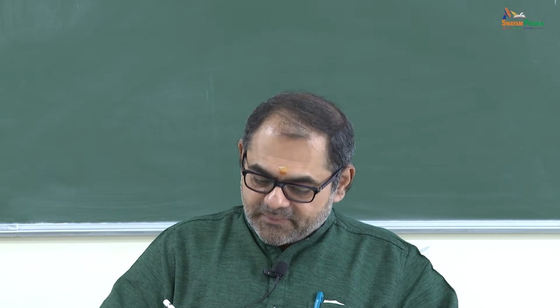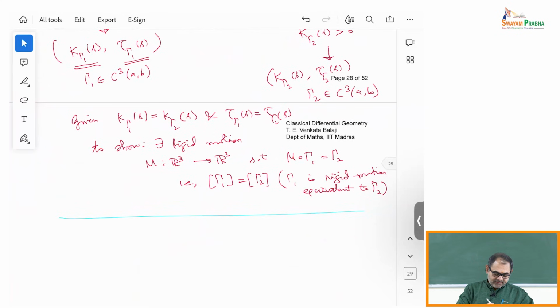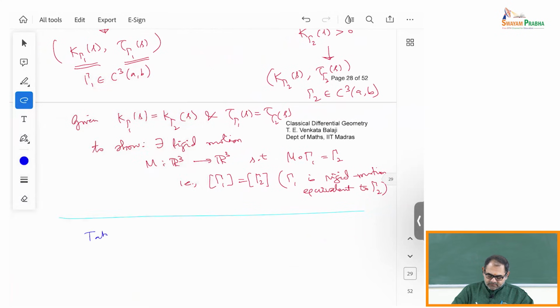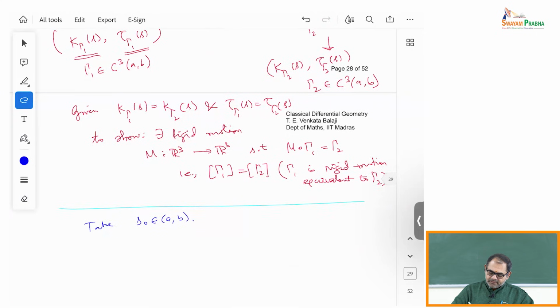So let me write the following thing. I'll just say, take S naught belonging to AB. Take TV naught to be the translation by V naught, where V naught is gamma 2 of S naught minus gamma 1 of S naught.